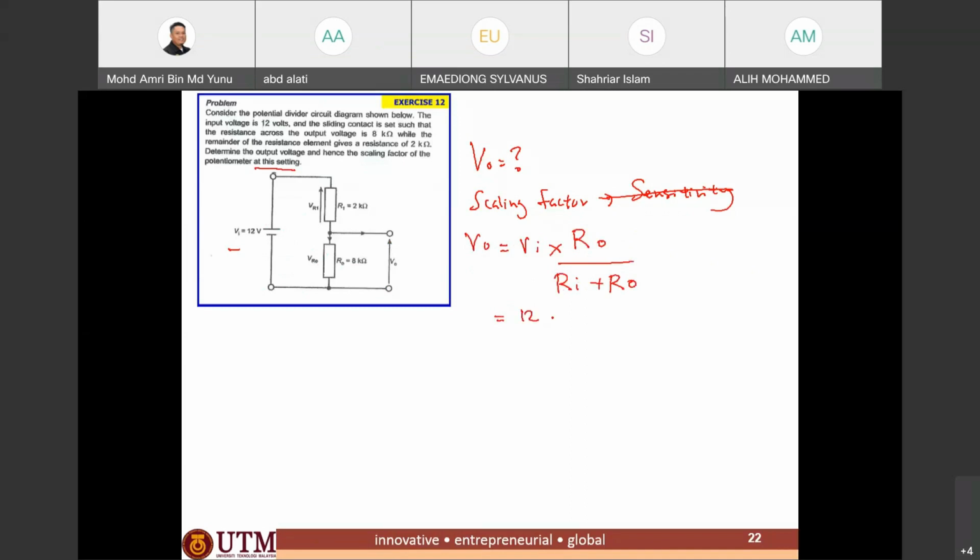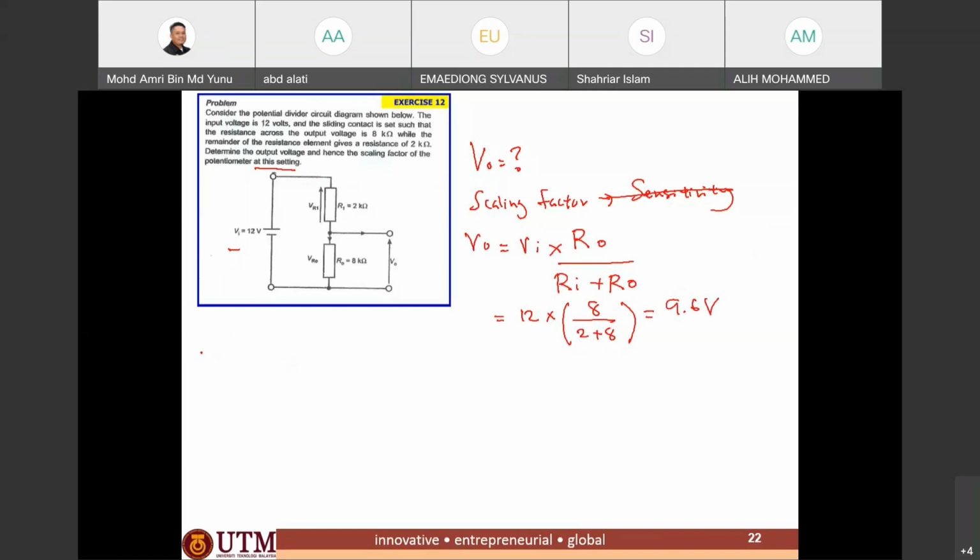Therefore 12 multiplied with 8 over 2 plus 8, and you get 9.6 volt.